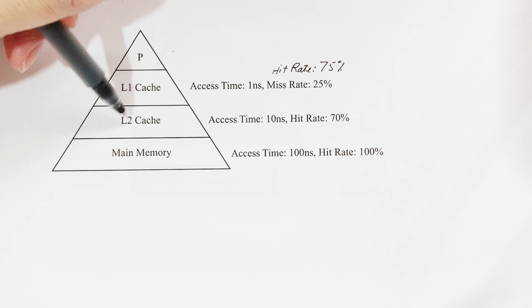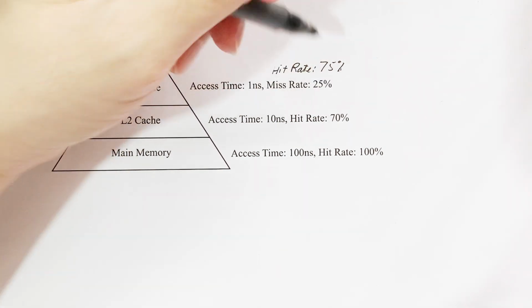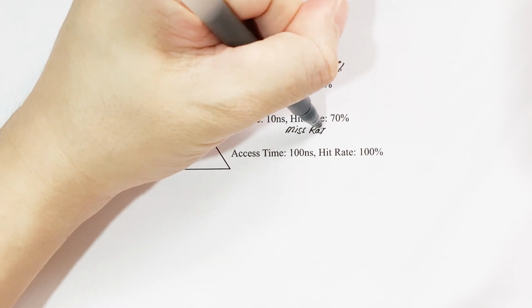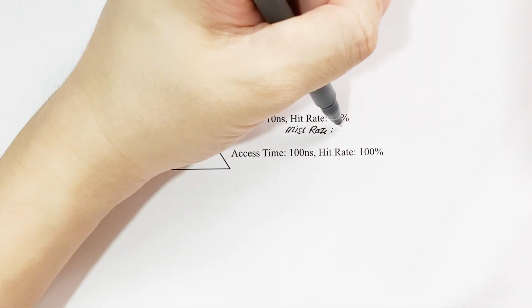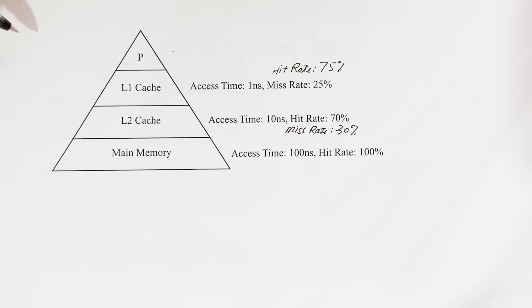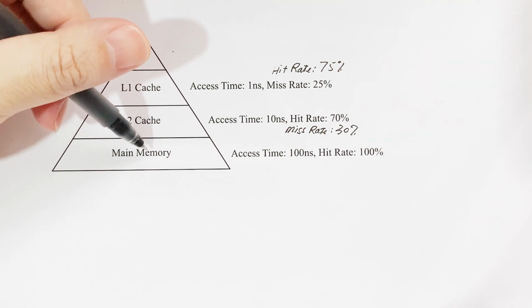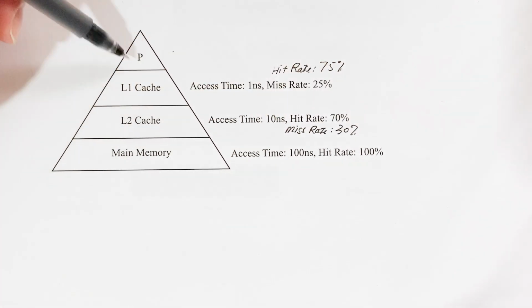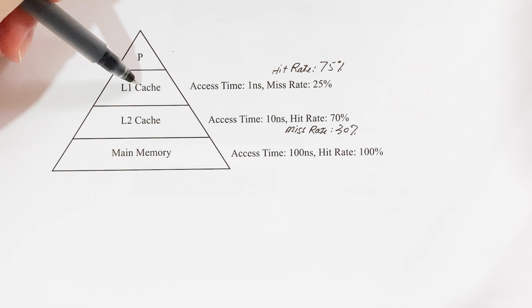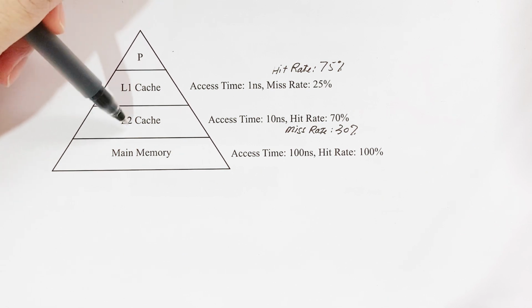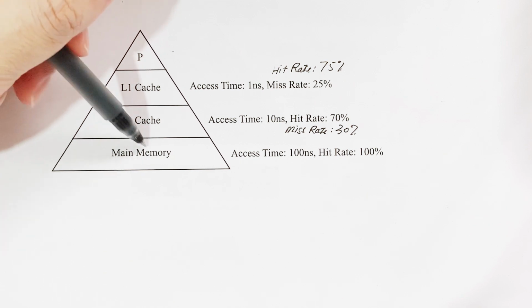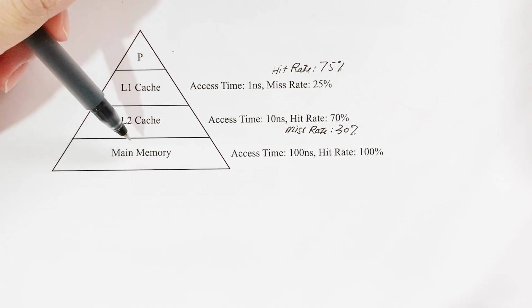And then for the level 2 cache, the hit rate is 70%. Then we could calculate the miss rate for the level 2 cache is 30%. And lastly, for the main memory, of course, the hit rate is 100%, because definitely the data your processor needs, if it is not in the level 1 cache, or if it is not in the level 2 cache, will be available in the main memory.